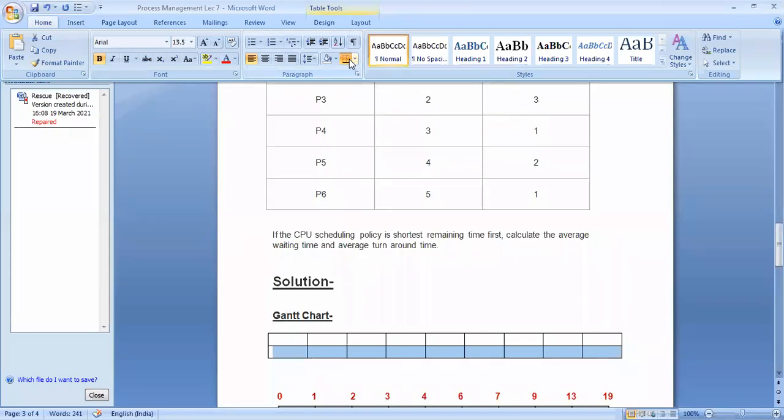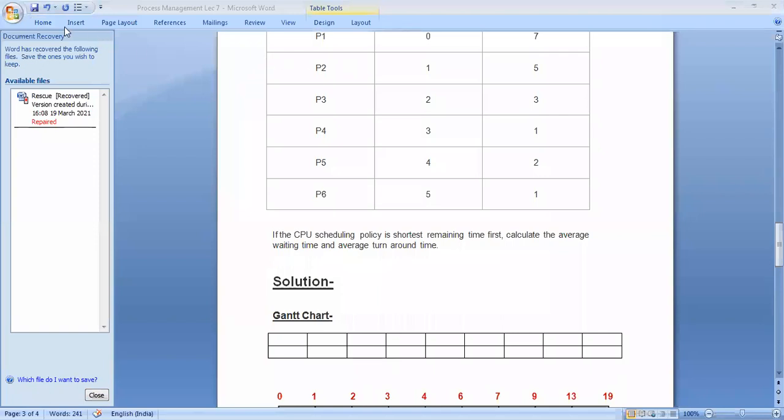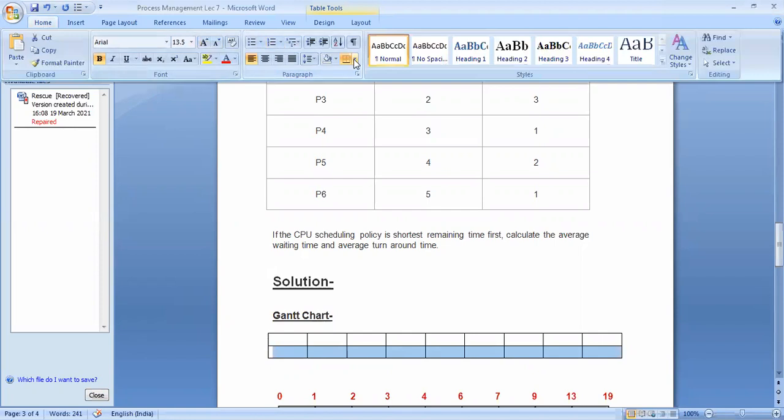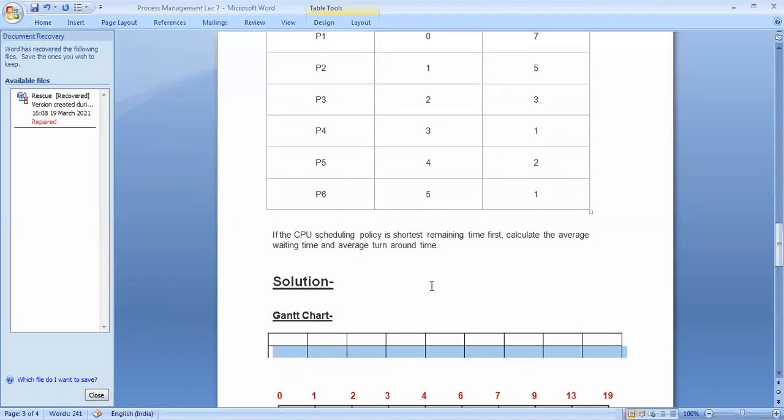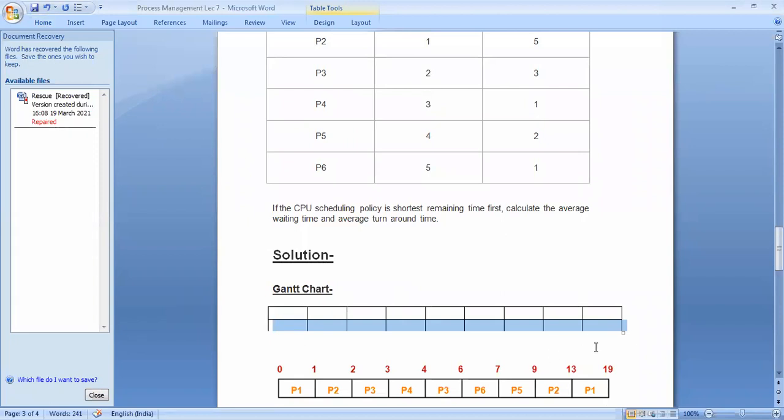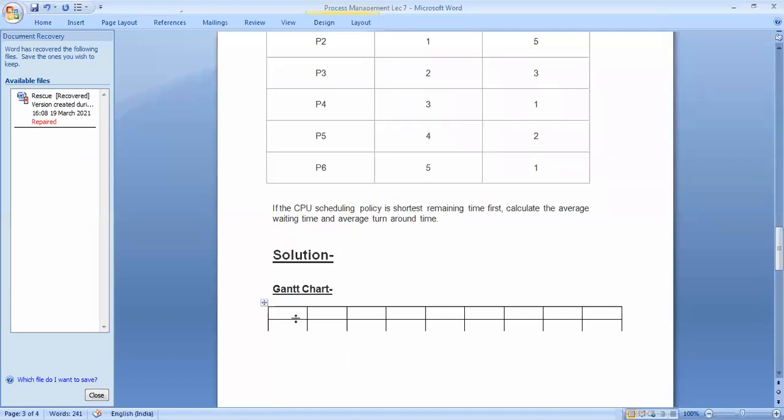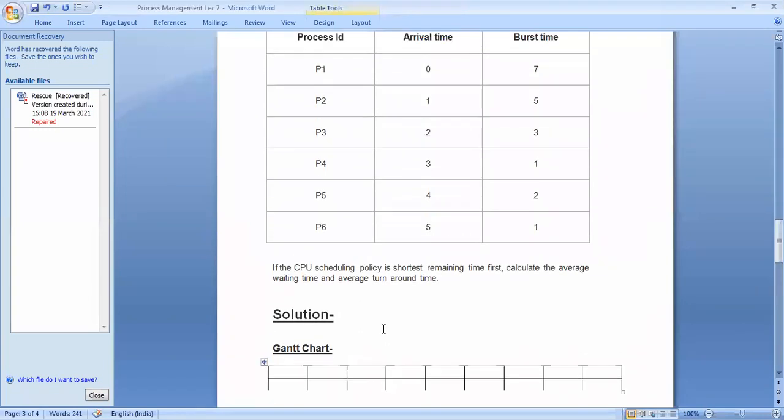And those who still have doubts, we are trying to solve this problem once again. So please follow me, then I think your concept will be clear. So now we'll start this one.